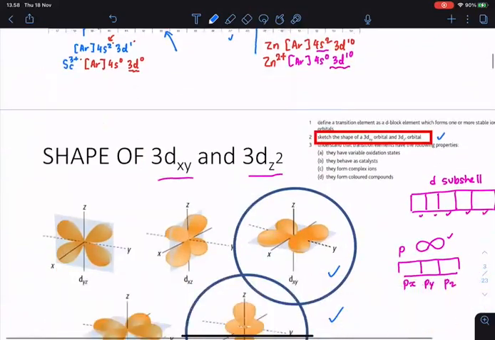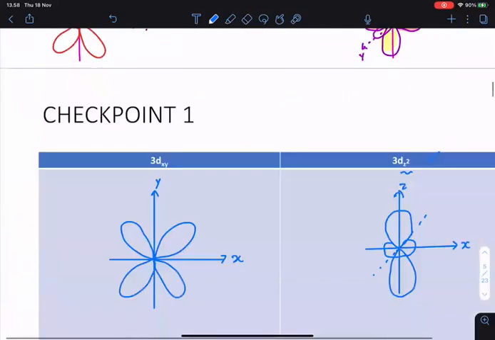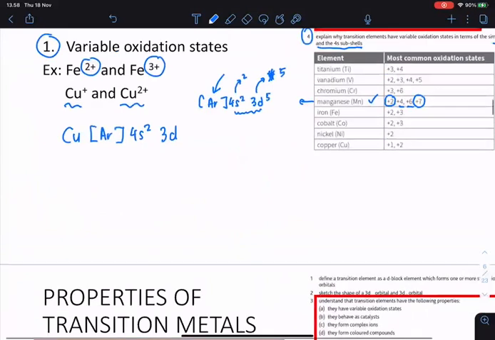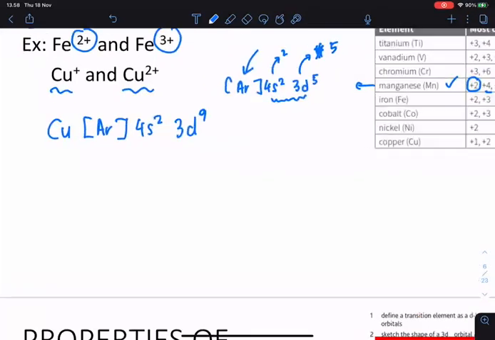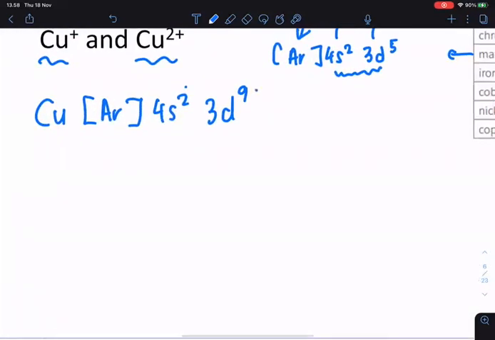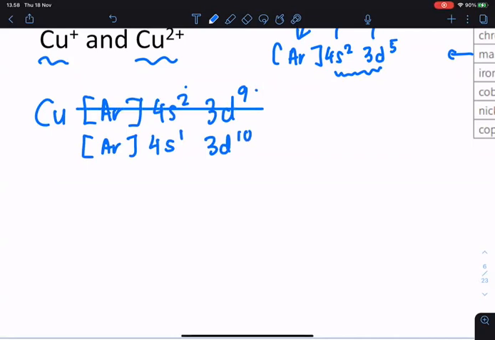But this is not the actual way of writing for copper. You have already learned this in electronic configuration, because this electron must come over here to form a more stable configuration, which is 4s1 3d10.